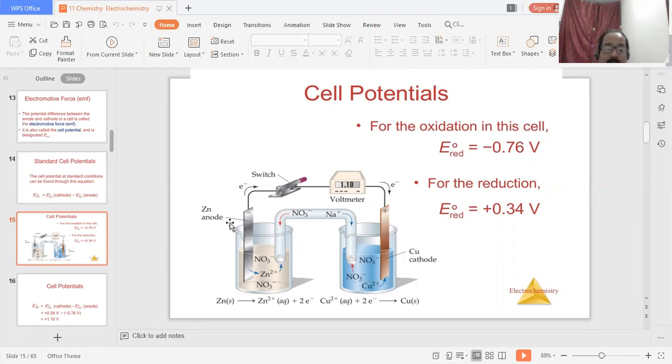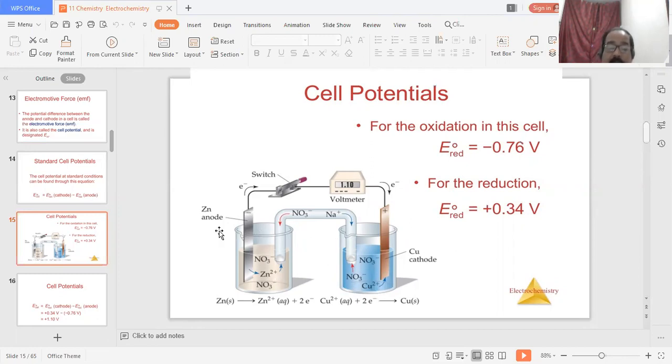This is the zinc anode, and this is the copper cathode, the two types of apparatus. Here is the nitrate solution, and this is the zinc blade. When zinc releases ions, they form zinc ions, and here is the nitrate and the copper ions.